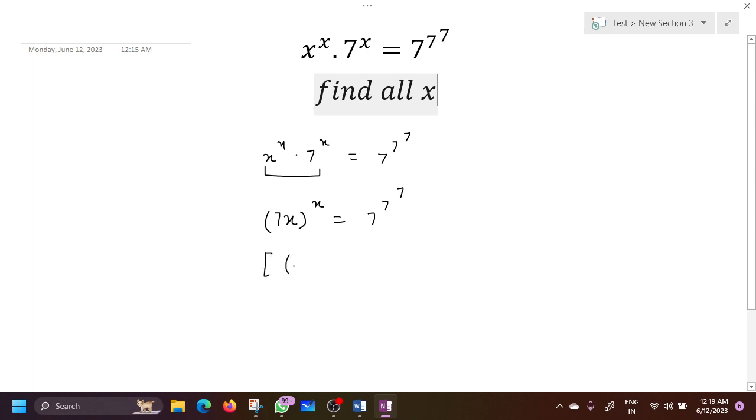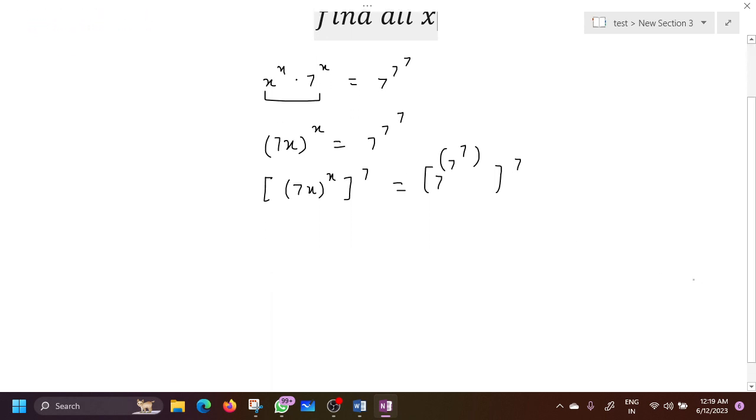So I will write ((7x) to the power x) to the power 7 is equal to (7 to the power 7 to the power 7) to the power 7. One power is this and another power is outside the bracket, which is 7. So on both sides I have taken the power 7.